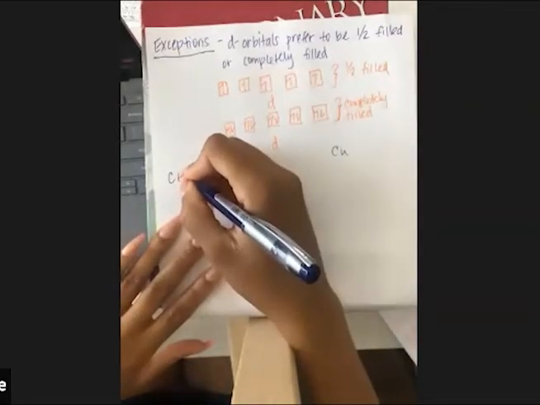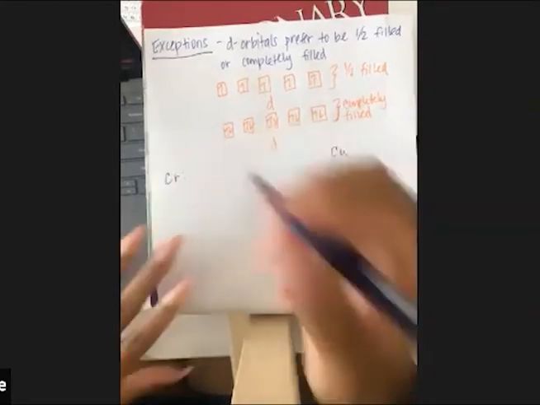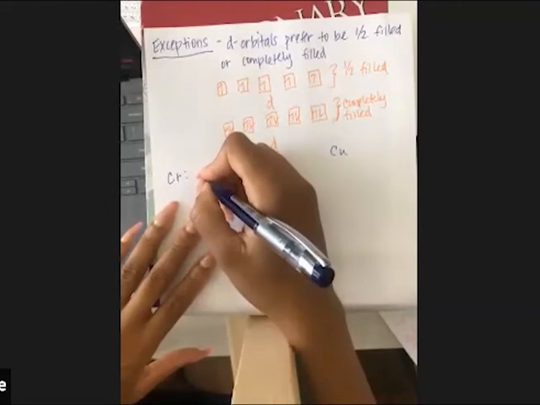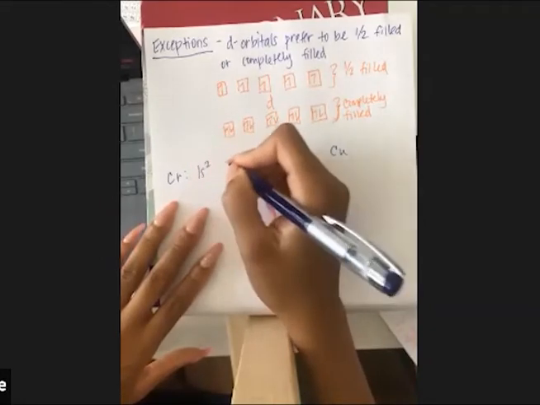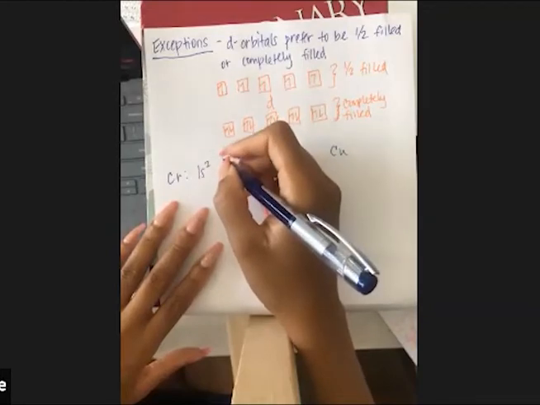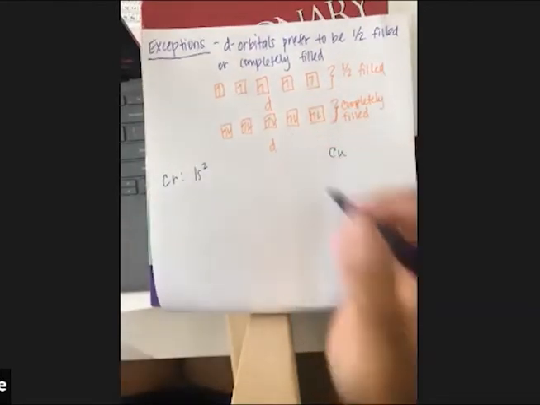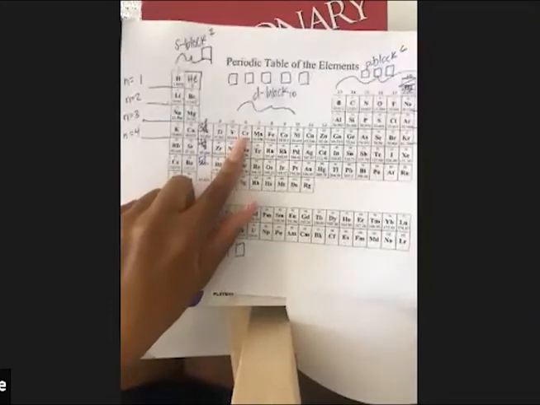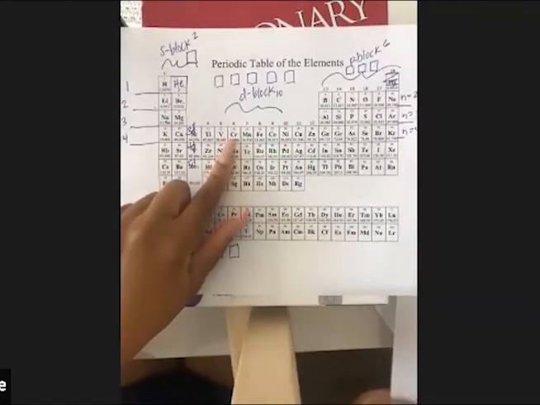If I were to draw out the electron configuration for chromium, look at the periodic table and tell me what you think the electron configuration would be for chromium, starting with 1s2.